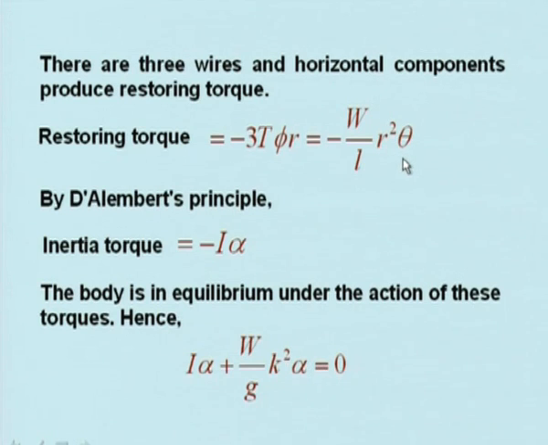Now by D'Alembert's principle, the inertia torque equal to minus I alpha, and the restoring torque together should keep the body in equilibrium. The body is in equilibrium under the action of these torques. That means I alpha plus W by L R square theta is equal to 0.